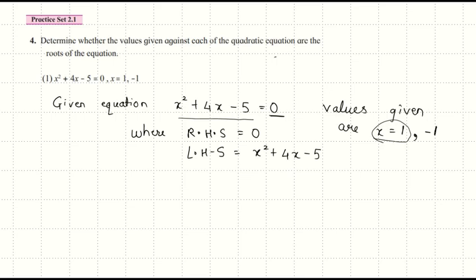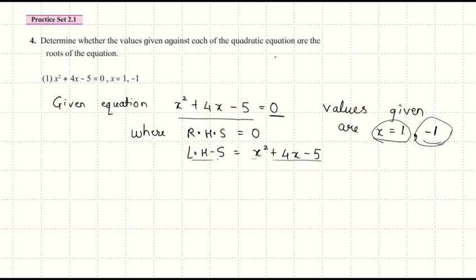If we substitute x equal to 1 in this LHS, okay, instead of x, if we write 1 and solve it, and if we get LHS is equal to 0, then this one will be the root of the quadratic equation. And similarly, if we substitute this minus 1 in place of x in LHS, and after solving it, if we get LHS is equal to 0, then even this minus 1 will be the root of the equation.